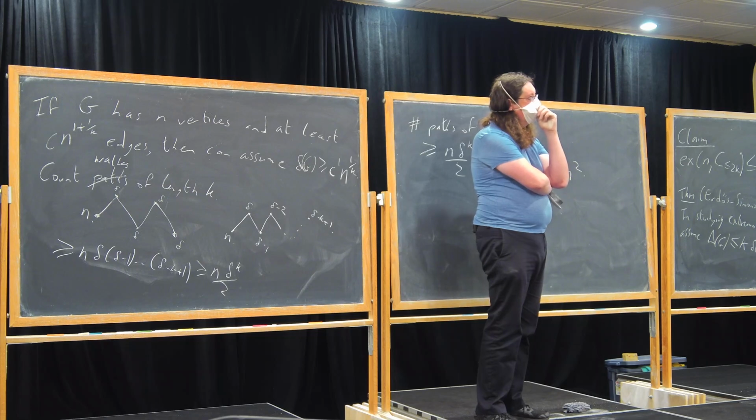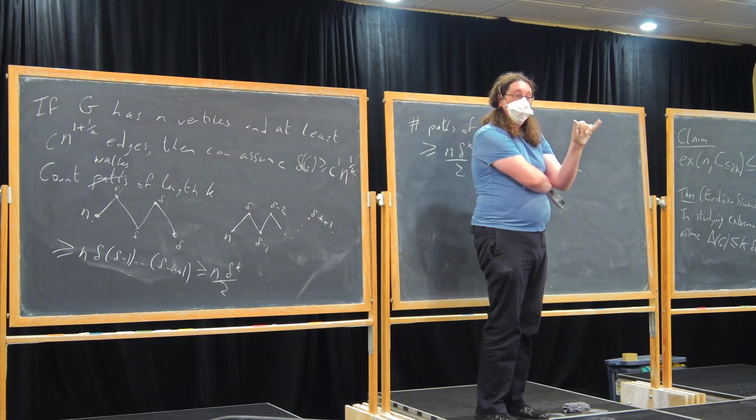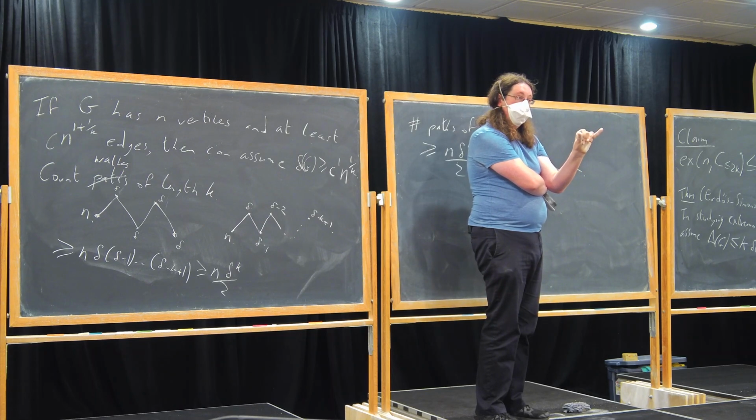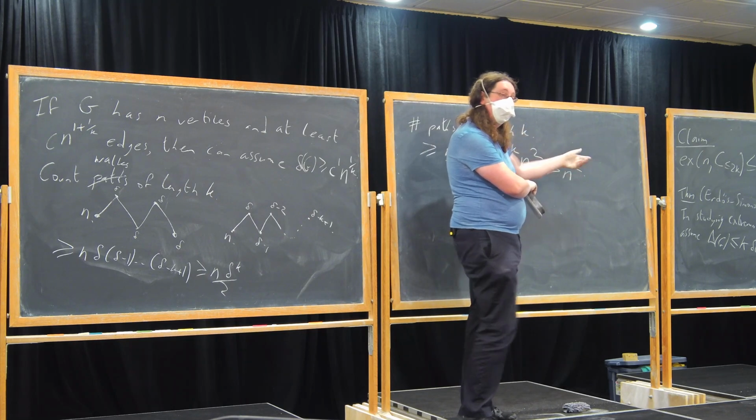Okay, so why n squared? Because now, if I fix two endpoints, there's n choose 2 choices for endpoints. How many paths will there be between those? Well, because of this, there has to be more than one path between two endpoints.